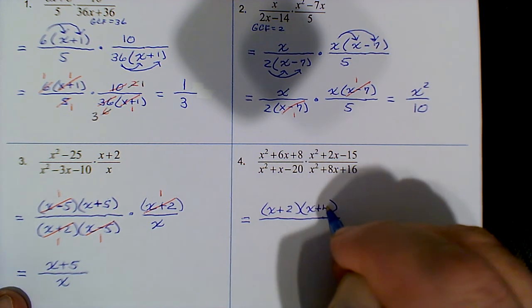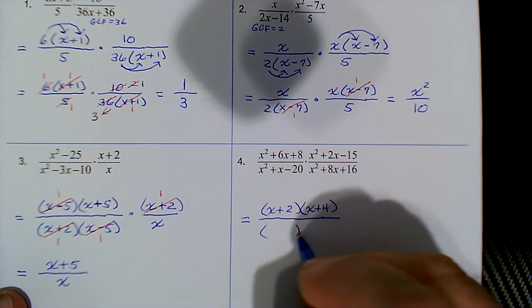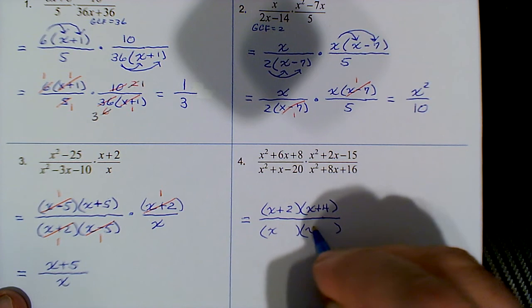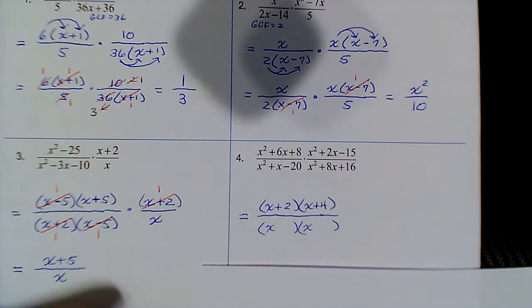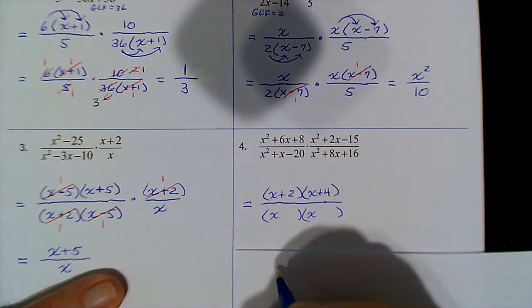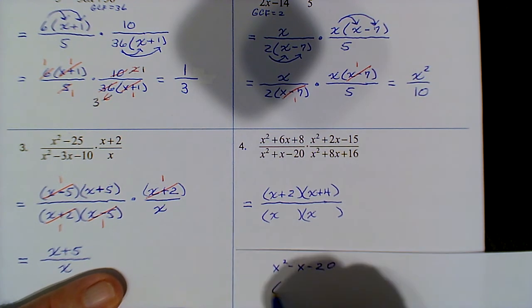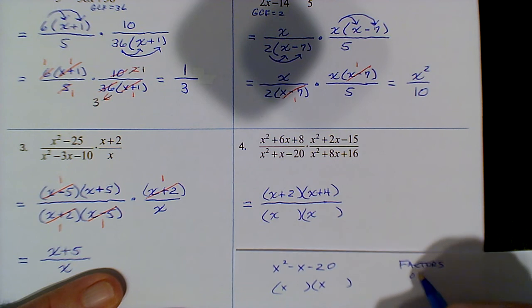So if you want to list the factors, that's fine. And maybe I'll do it for this one. At least I know it's an x and an x. Alright, let me break out some scrap paper and do this. So I'm factoring x squared minus x minus 20. And so I'm going to list the factors of negative 20.